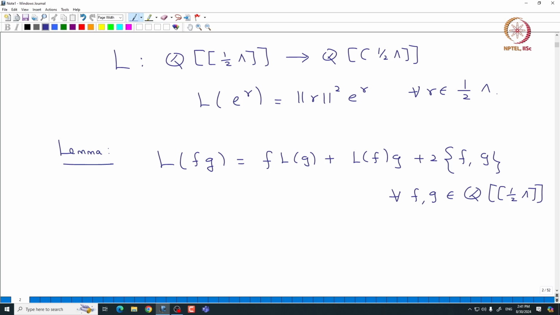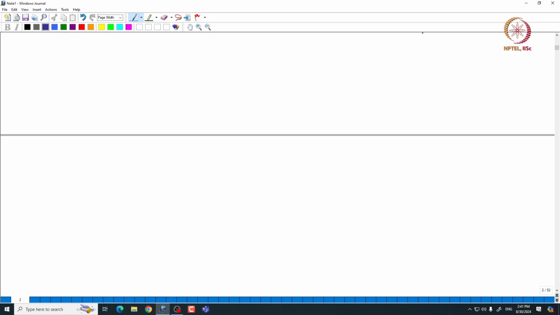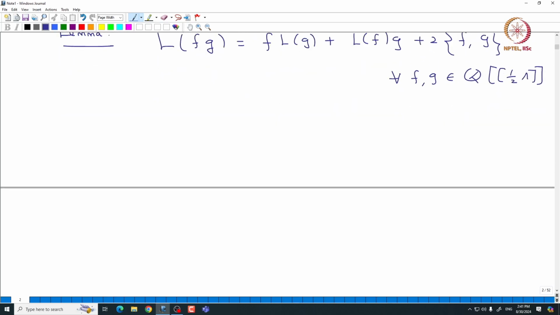So this is the relation we have between the brackets and the Laplacian operator. This is something we know already. Given this, we already proved an important fact.